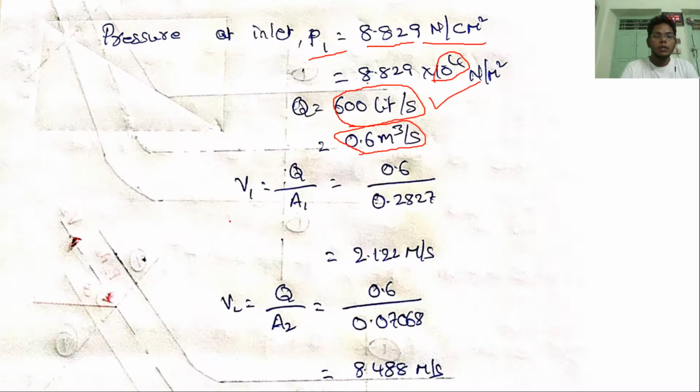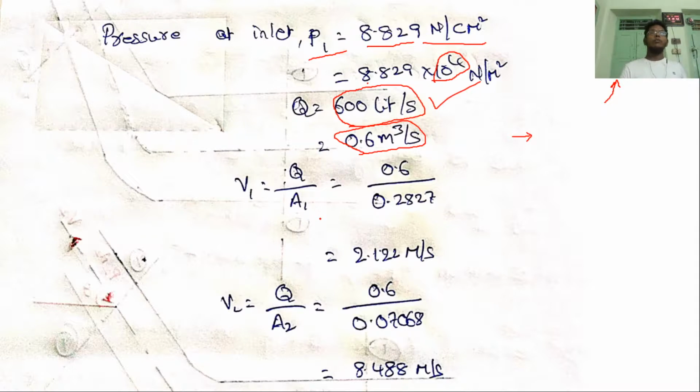Now we have to find the velocities v1 and v2. v1 is equal to Q upon A1. From where do I get this formula?